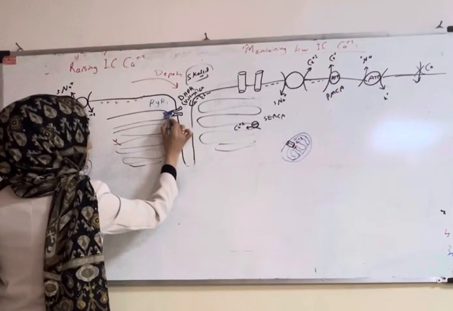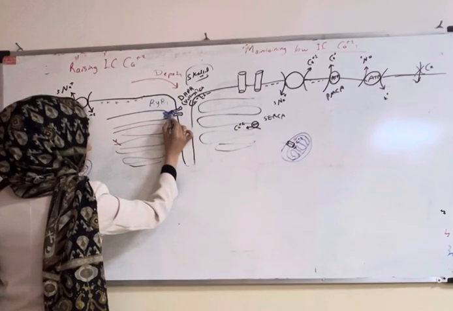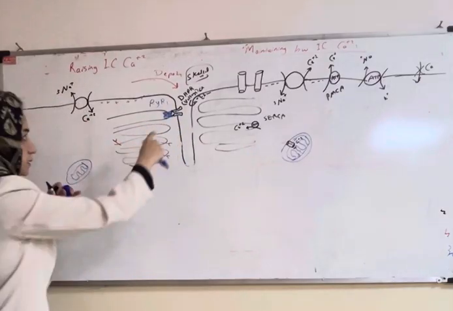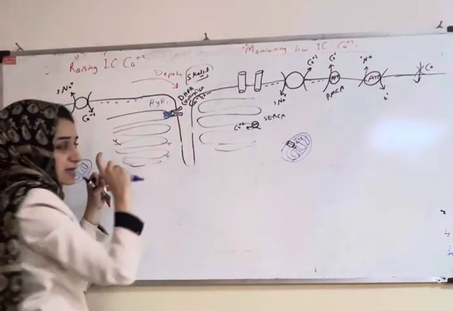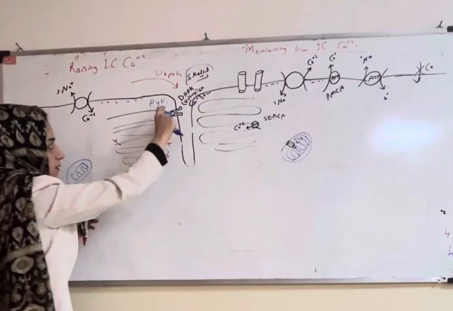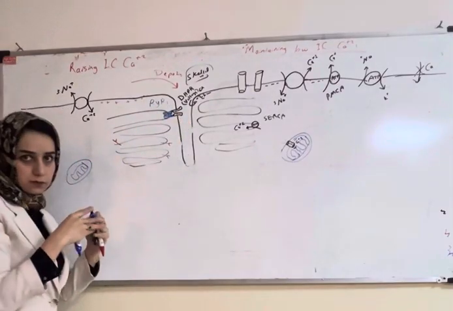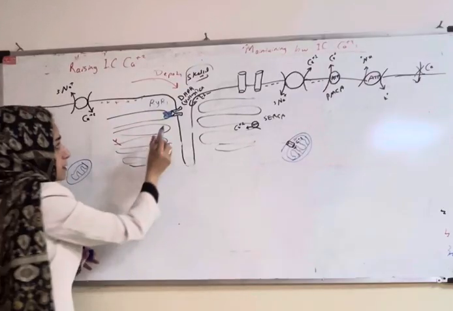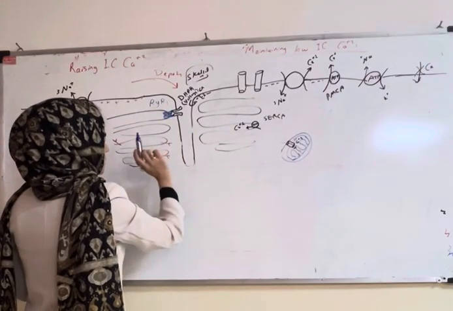The foot region of the ryanodine receptor with the cytoplasmic portion of the dihydropyridine receptor, or voltage-gated calcium channel, they are in contact. There is a physical contact, a functional contact. So there's a physical coupling in between the two.